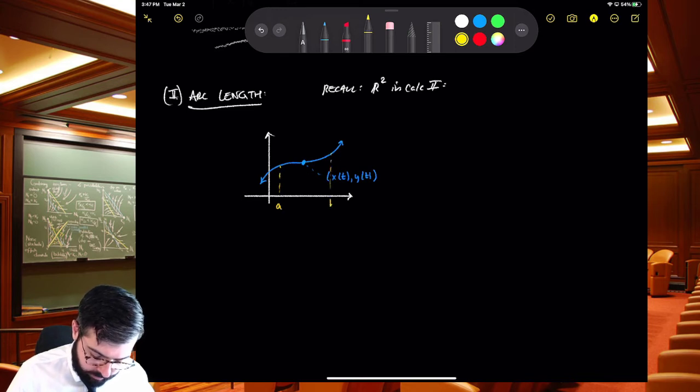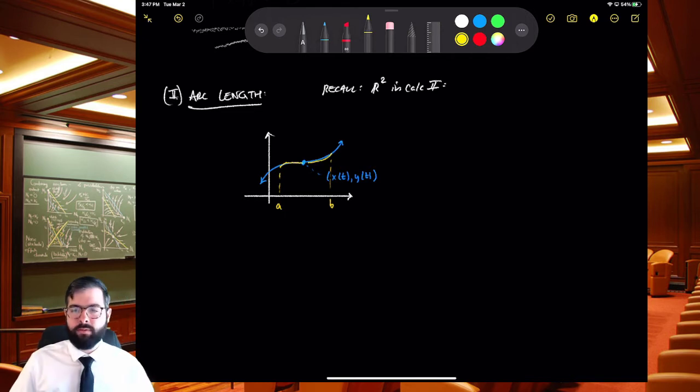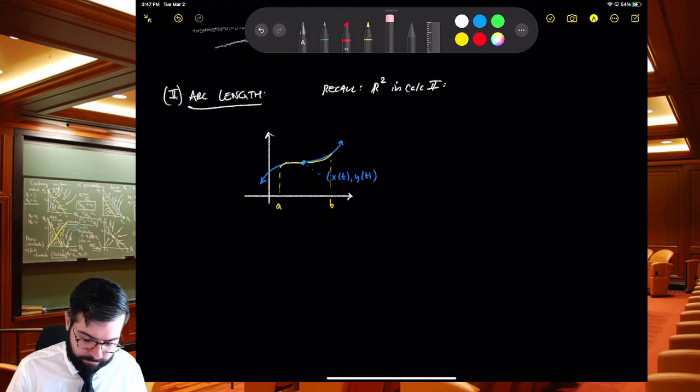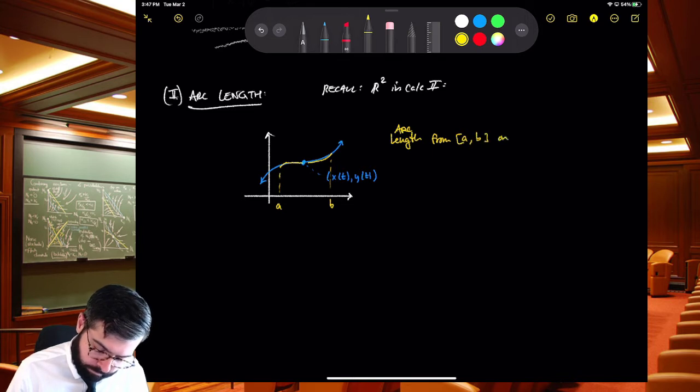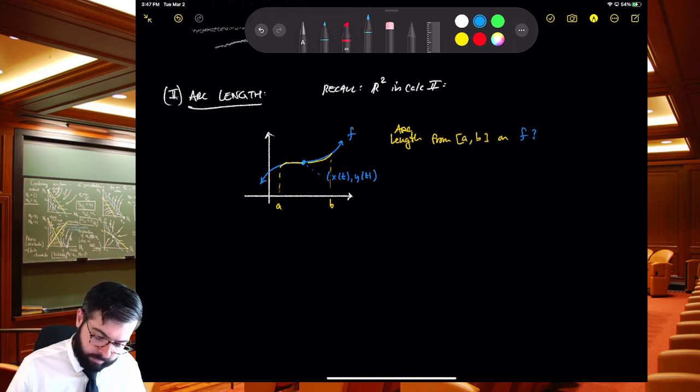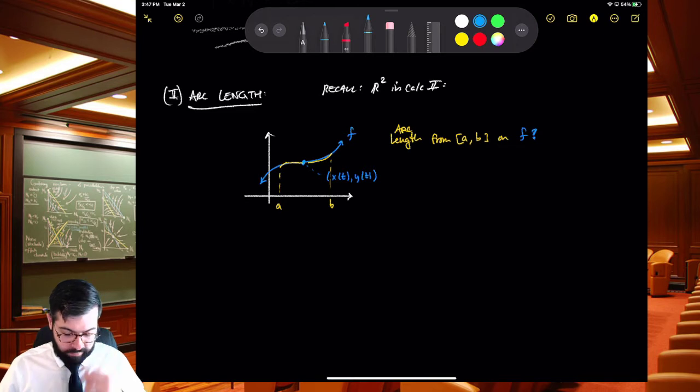And I wanted to know from here to here how long I have actually traversed. Anybody recall how to do that?